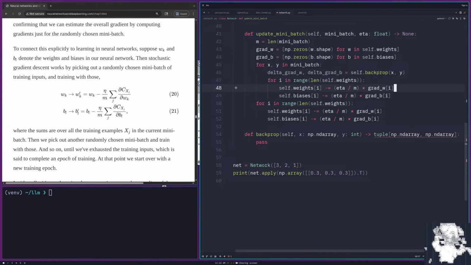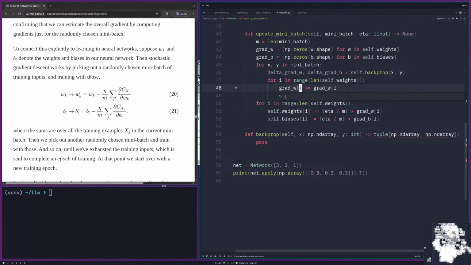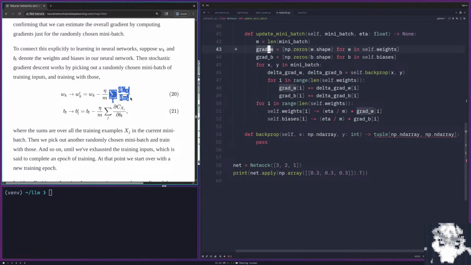So these are sums of gradients in the mini batch. So grad of W of I plus equals delta grad of W of I. Grad of B of I plus equals delta grad of B of I. So these grads, which is this term here, start at 0.